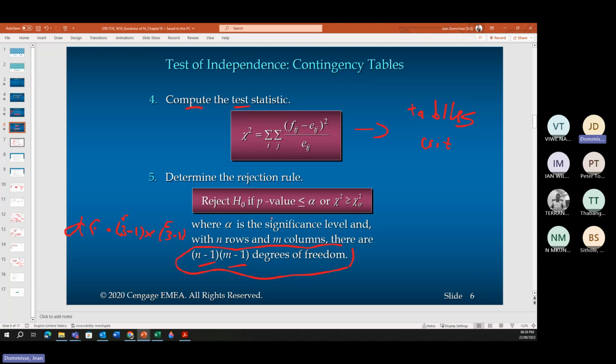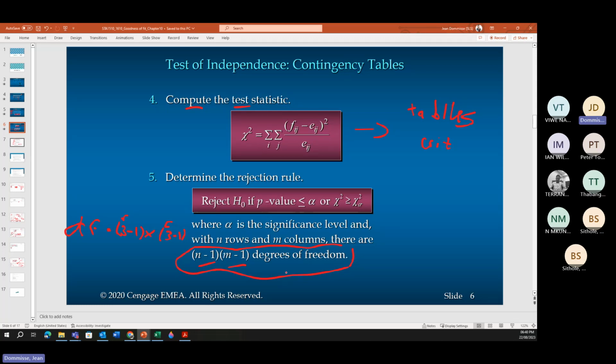Okay, so that's nearly a summary in a nutshell of how you would go about goodness of fit in this study unit. Questions on this?